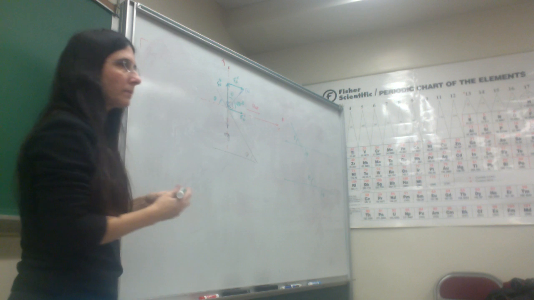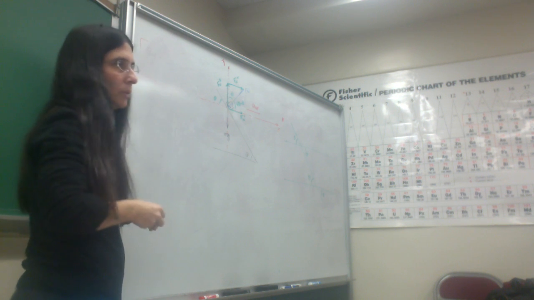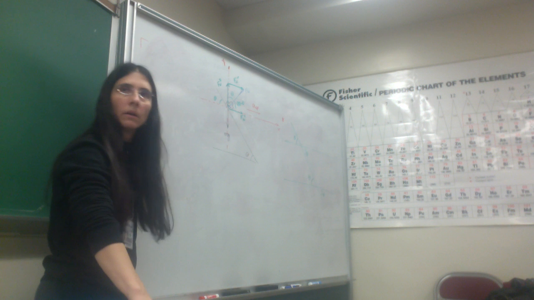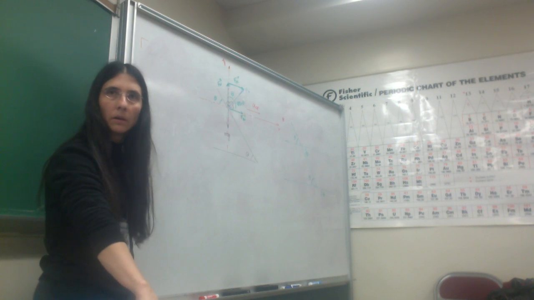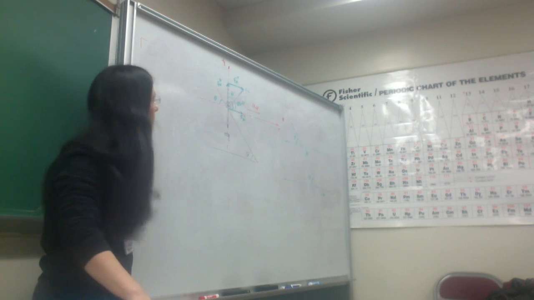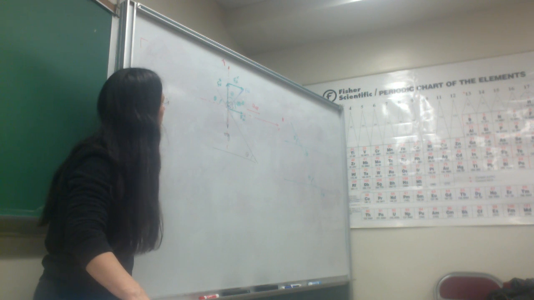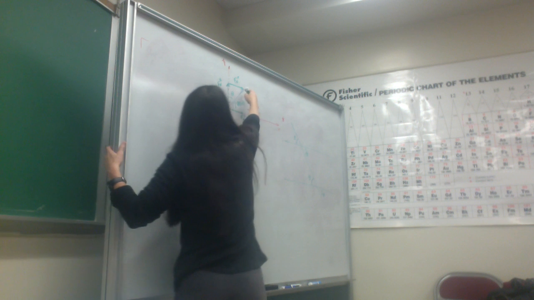Why do you do that one instead of the other? It's up to you. It's just because I don't want to keep carrying this 90. Can we just assume you have 90 minus theta, a 90 degree, and then where the tip of the Fn arrow is, just put theta there?